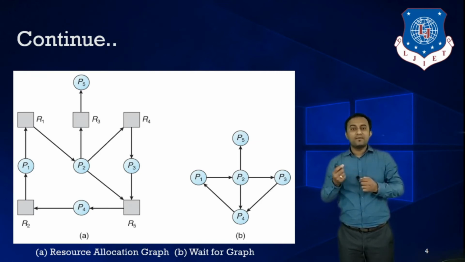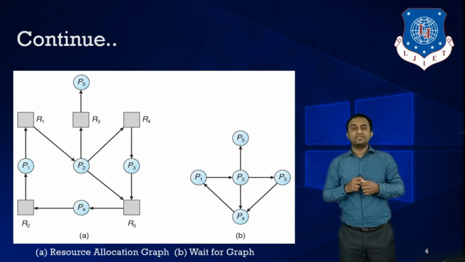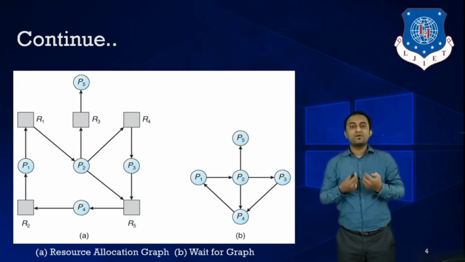Say for example, process P3 is waiting for one resource, which is R5, and in the same way P4 is waiting for resource R2. So it means the processes P1, P2, P3 and P4 are waiting for resources. They are in a waiting state right now.